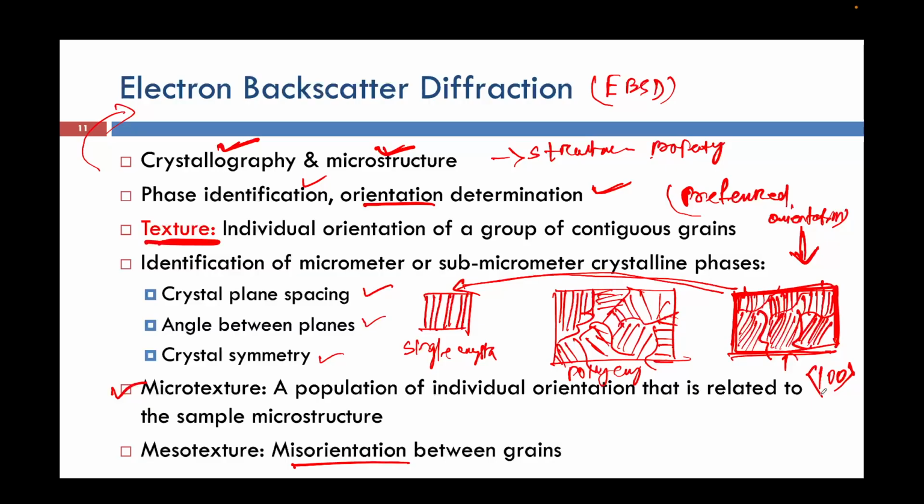If I am getting a texture orientation towards the 100 plane, then this 100 plane should correlate with my bulk material, my entire material. When I mapped one small section, the texture information that I got correlates with the entire material. So the small section is correlating with my big material. That is when I will say that this is a microtexture.